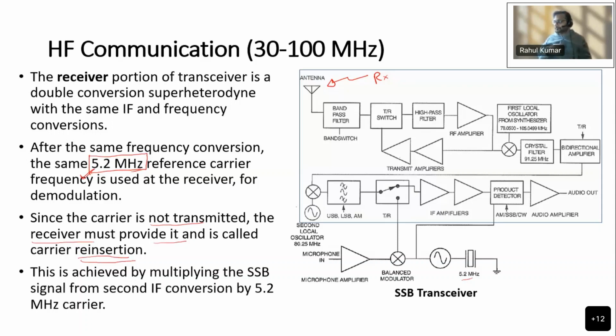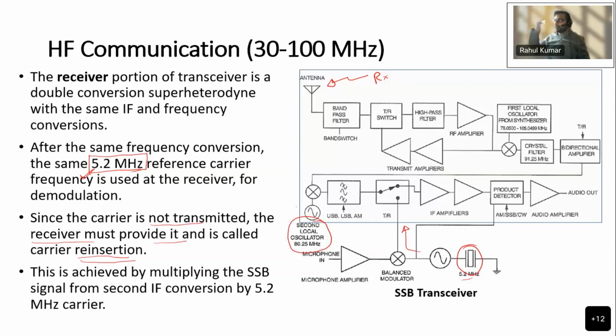Now the demodulation is done by multiplying the SSB signal obtained after the second local oscillator with a 5.2 megahertz signal, right?